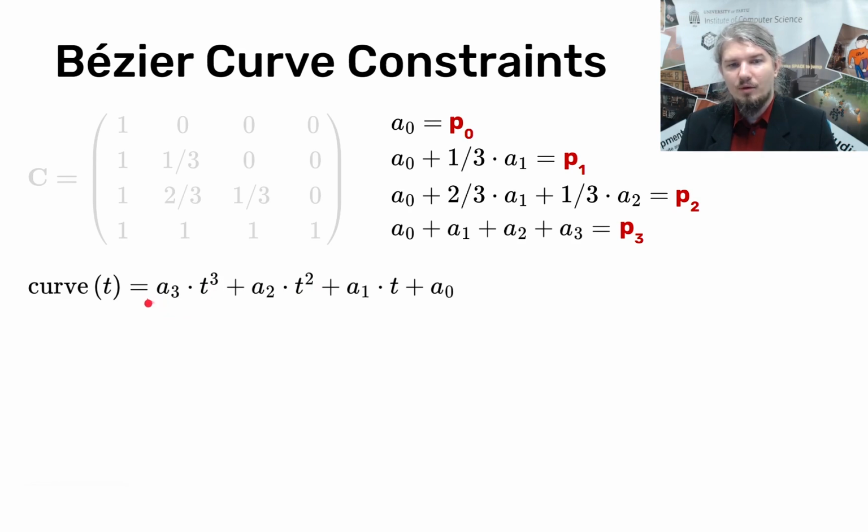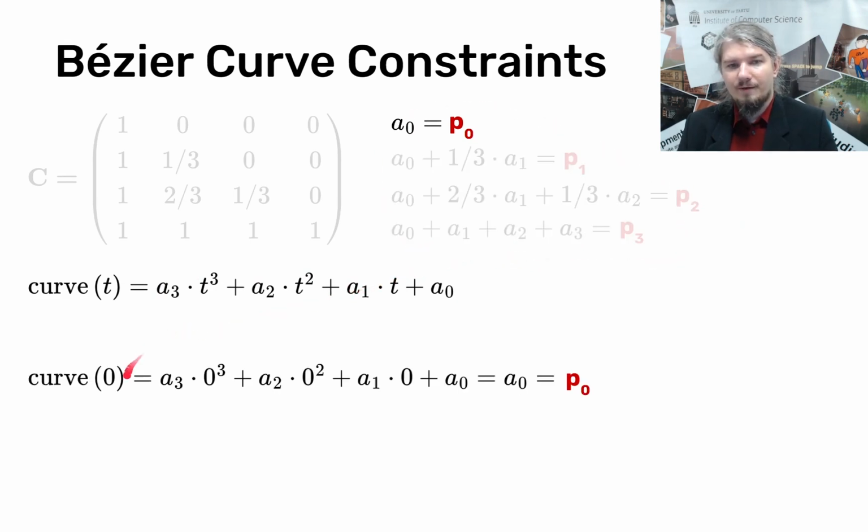And now looking at this equation and looking at these constraints, we can start figuring out what exactly these constraints mean. For example, if we take the curve at 0, then, well, this t is going to be 0, this one as well, we get A0. So all of the terms cancel out and A0 is left.